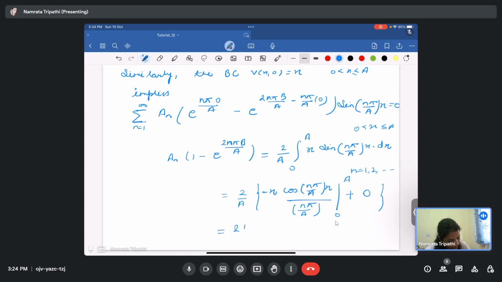After putting the limit, you will get 2a upon n pi, and the value of cos n pi is minus 1 to the power n plus 1. Fine.